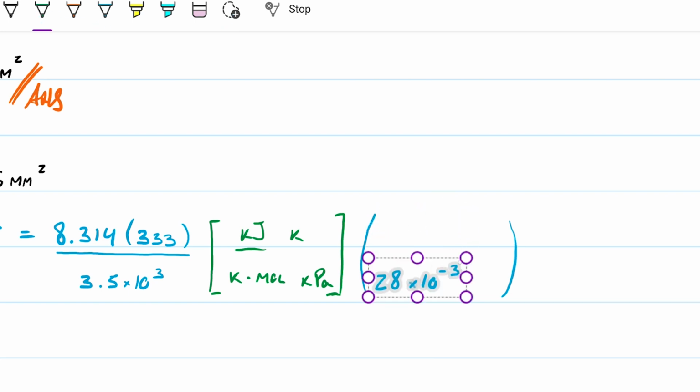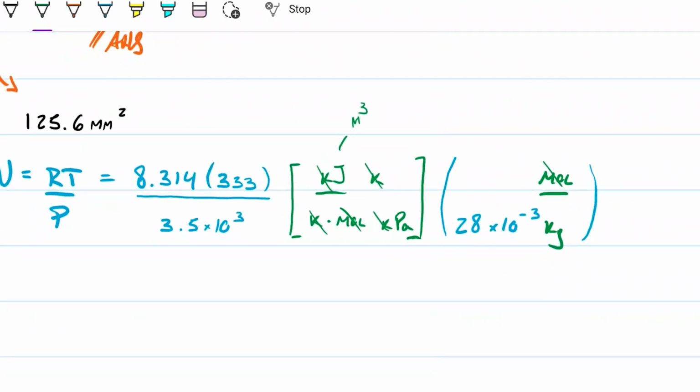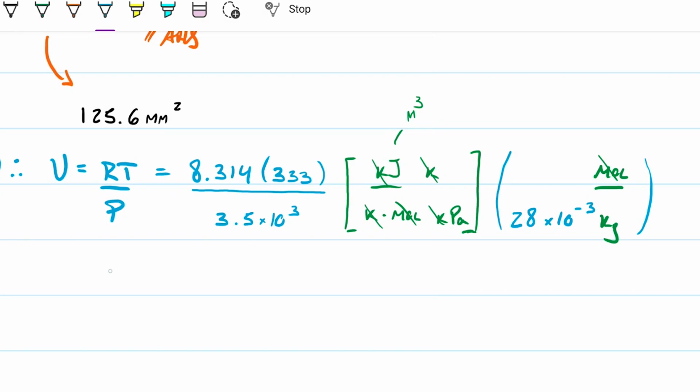Kilograms per mole, and then moles and moles, Kelvins and Kelvins, kilo and kilo. We get joules divided by pascals, and we know this is going to be meters cubed. So we get meters cubed per kilogram, which is great because we're after a specific volume.